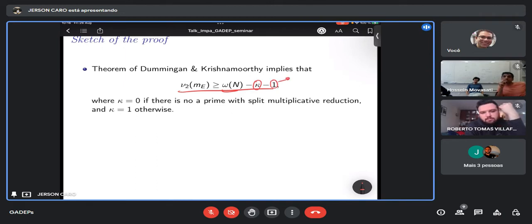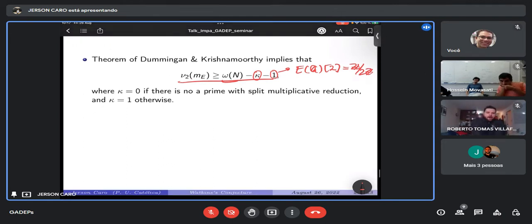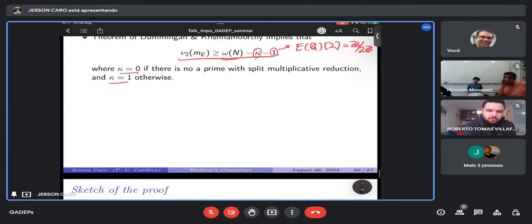This minus 1 comes from E(Q)[2] being equal to Z mod 2Z, so the dimension as an F2 vector space is 1. And this kappa is defined as follows: kappa is 0 when there are no primes with a split multiplicative reduction, and kappa is equal to 1 otherwise.